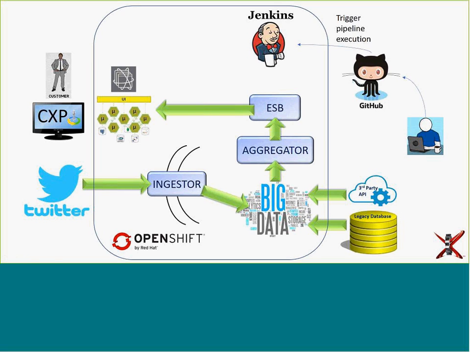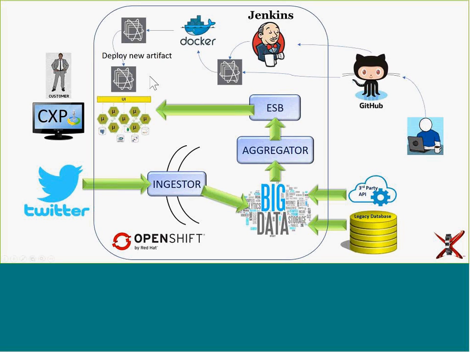So we'll demonstrate that. The one that we're going to demonstrate today kicks off an OpenShift build. So it actually builds the code directly from GitHub. So it does a pull of that code into the pod. And once it's built that, it registers that new image in the Docker registry in the OpenShift cluster. And then it kicks off an automatic deployment of that new artifact into the UI.